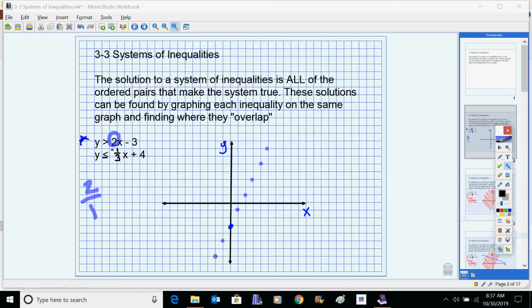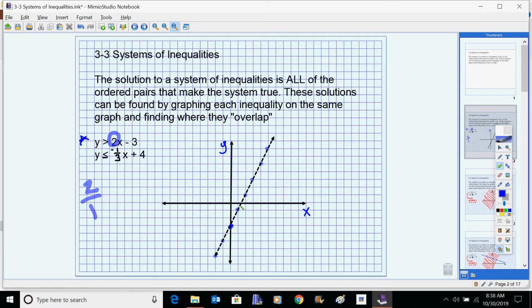Now you're going to just take your pencil and do a dashed line because it just says greater than. We have a couple different ways of telling which side of the line gets to be shaded in. One of them is by picking a test point, but also when you have the y solved for and you have greater than, does that mean above or below? I heard somebody say above.